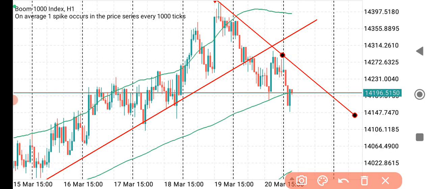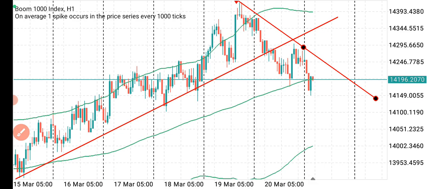So you are expecting either the market breaks, which will be a break of structure again to the upside, or the market will move in this direction to give you another lower high and then create another lower low. So number 1 rule, always know your trend and trade in the direction of your trend.